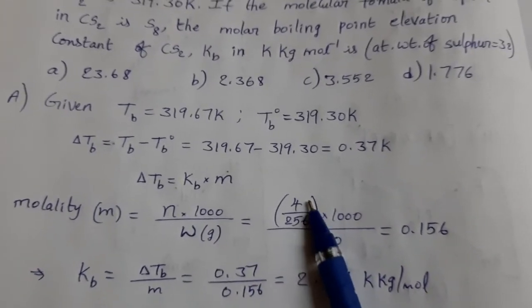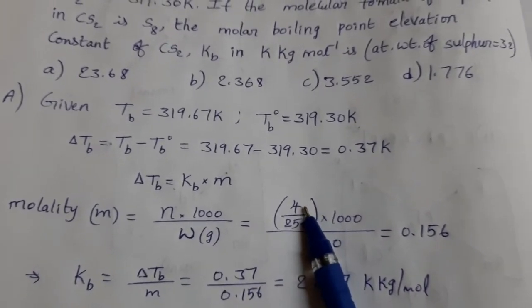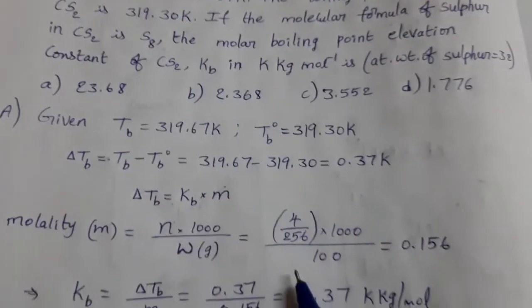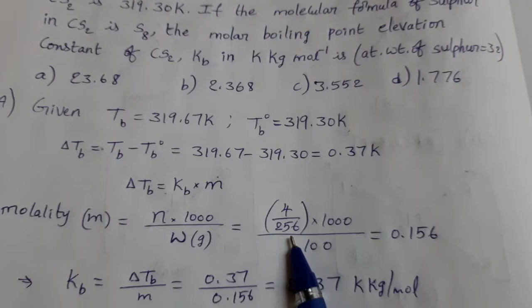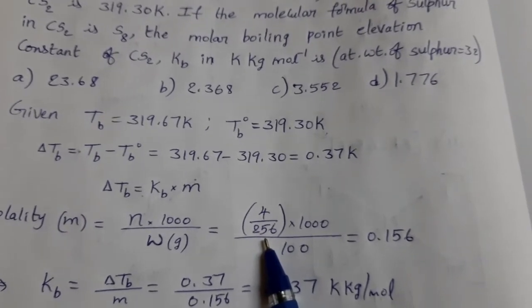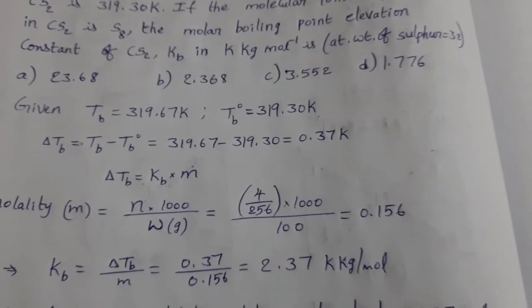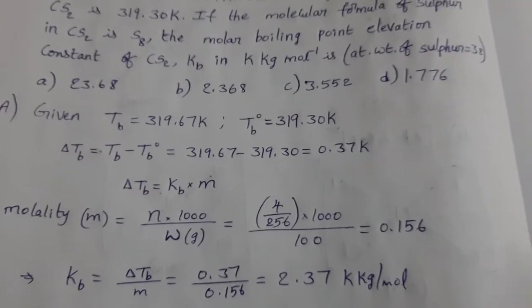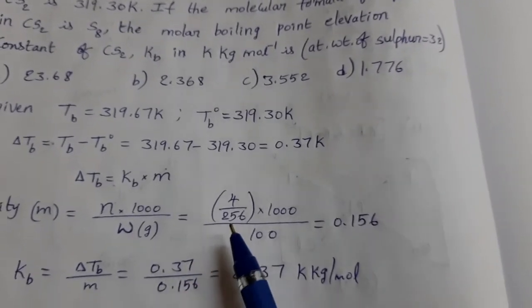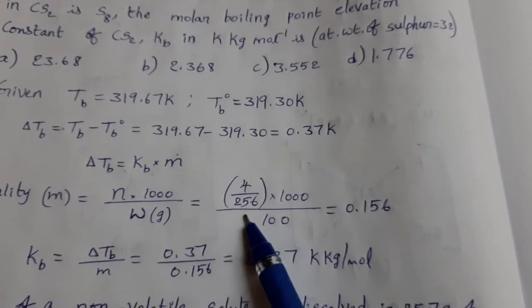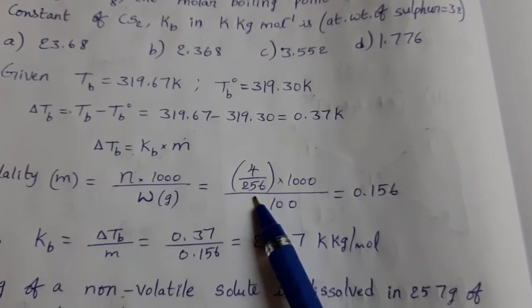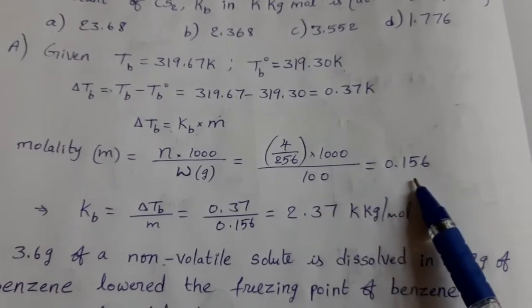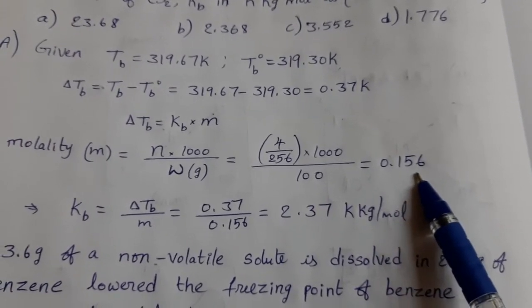Substitute the values. Mass of this solute is 4 grams. Sulfur is present in CS2 in the form of S8. Then what is the molar mass of that sulfur? 256. Each sulfur atomic mass is 32, 8 into 32 means 256. 4 by 256 gives number of moles of sulfur, into 1000 divided by 100. So molality equal to 0.156.